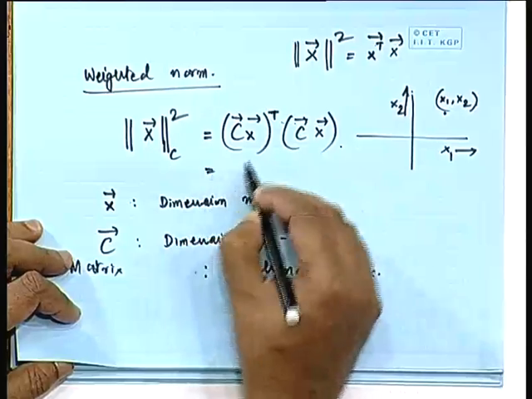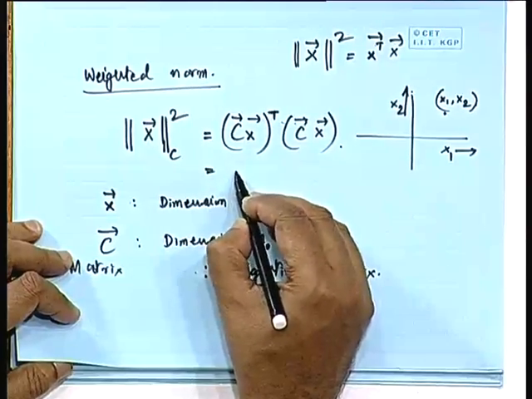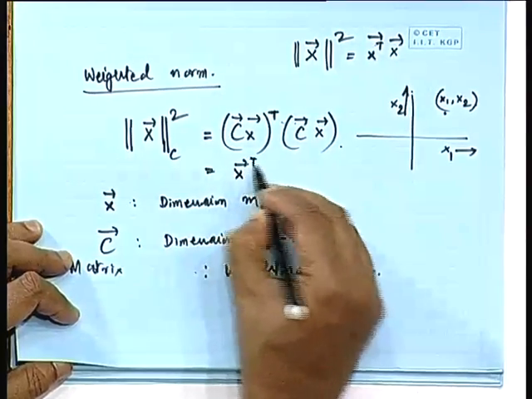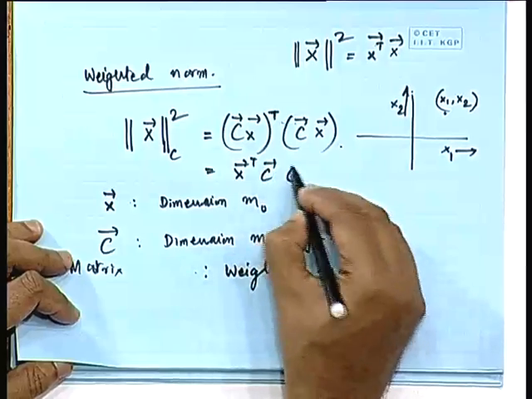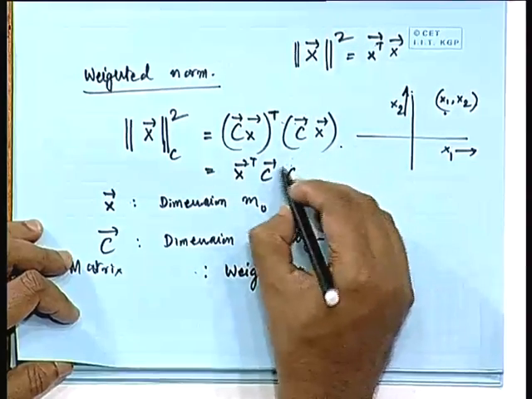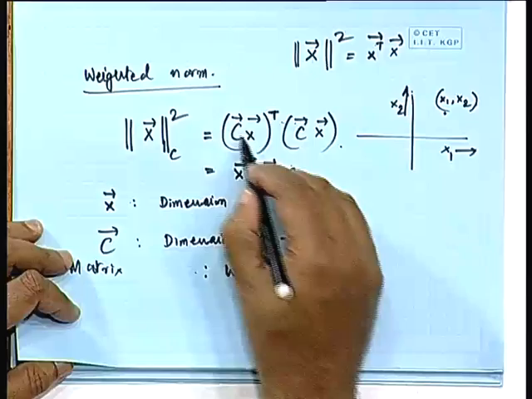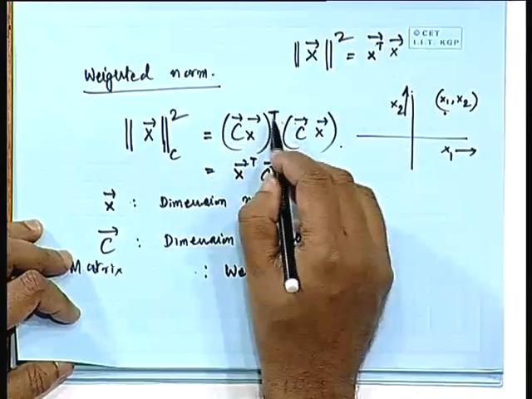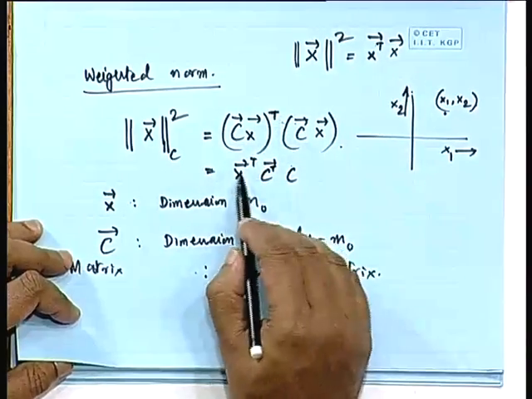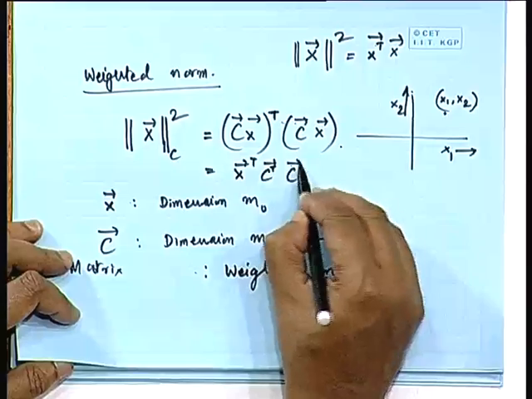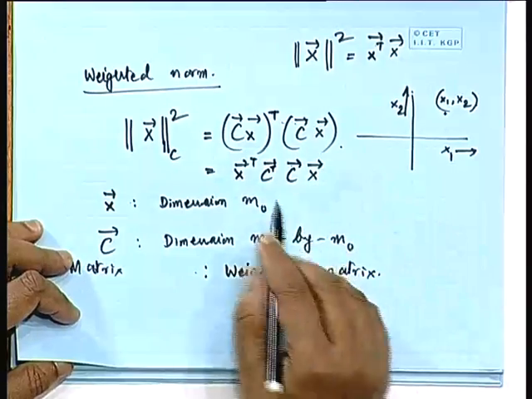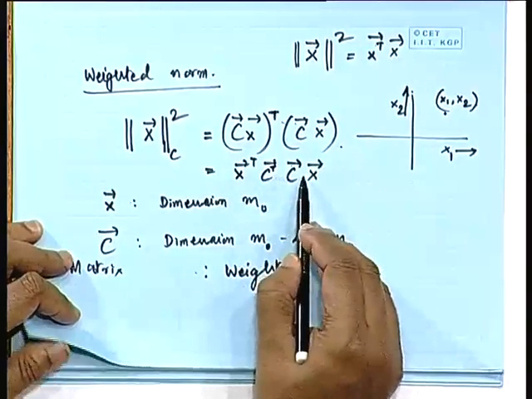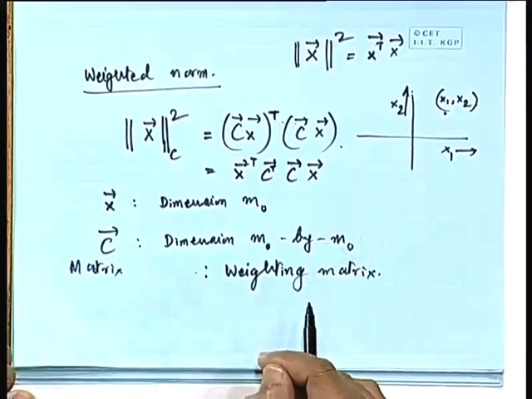If you break it up, it becomes x transpose C transpose, because the whole thing has been taken as transpose, then C matrix x vector. So it is x transpose C transpose C x. This is what we are getting.